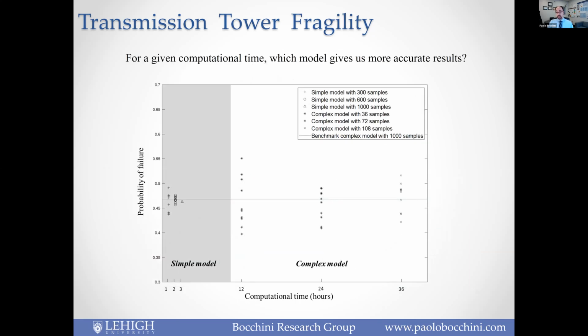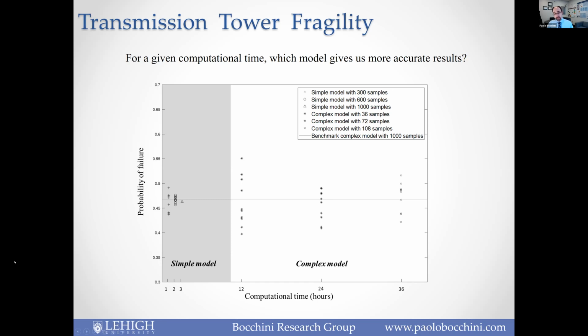Again, we go back to the need for trade-offs. And here, I think this graph is very important. At the end of the day, what we want to find is the probability of failure. And here we need a trade-off between having a very accurate but slow computational model in terms of mechanics that allows us to run a relatively small number of probabilistic samples, or run more samples but with a simpler model using some clever scaling as we did.